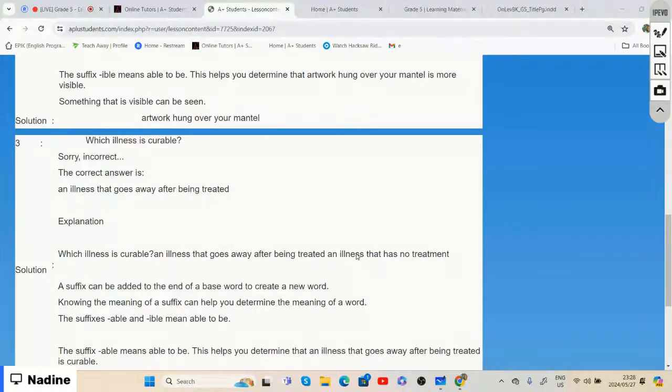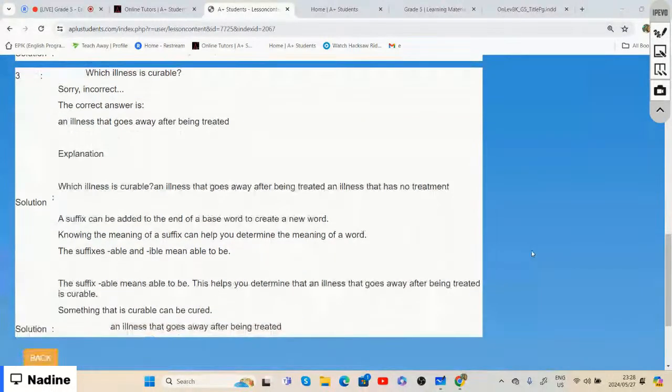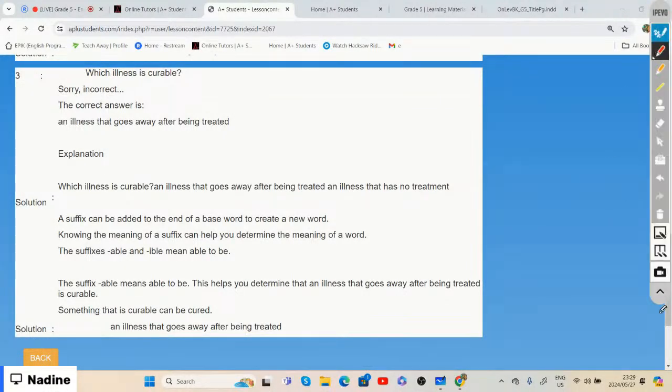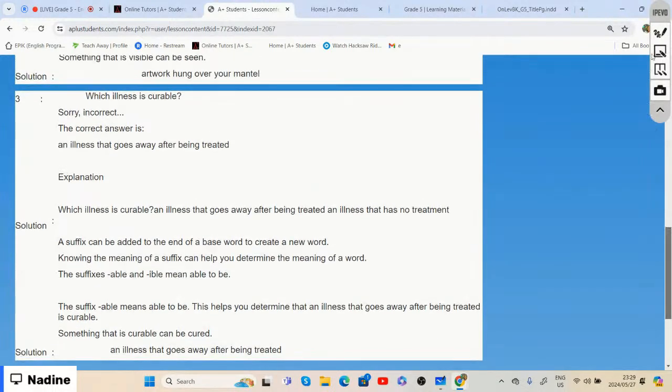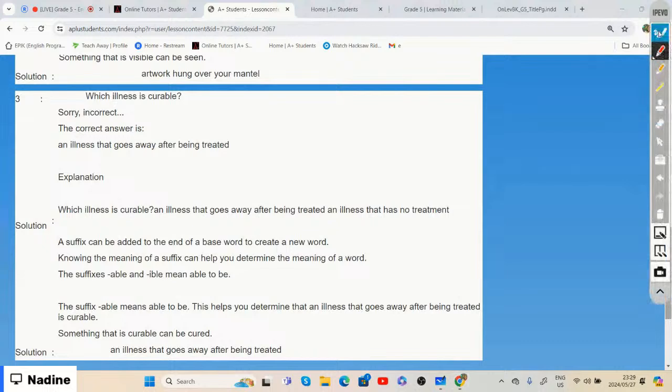All right, so now we need to say what is curable. So, which illness is curable? Which illness is curable? Is it an illness that goes away after being treated, or an illness that has no treatment?